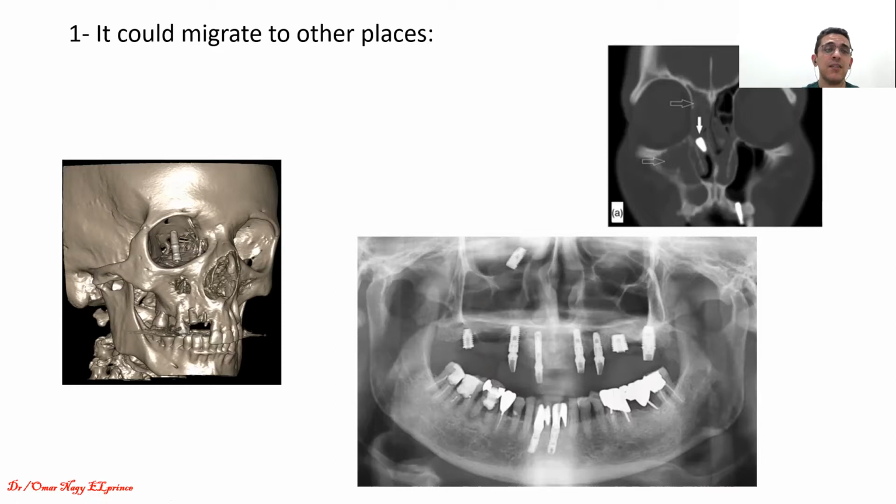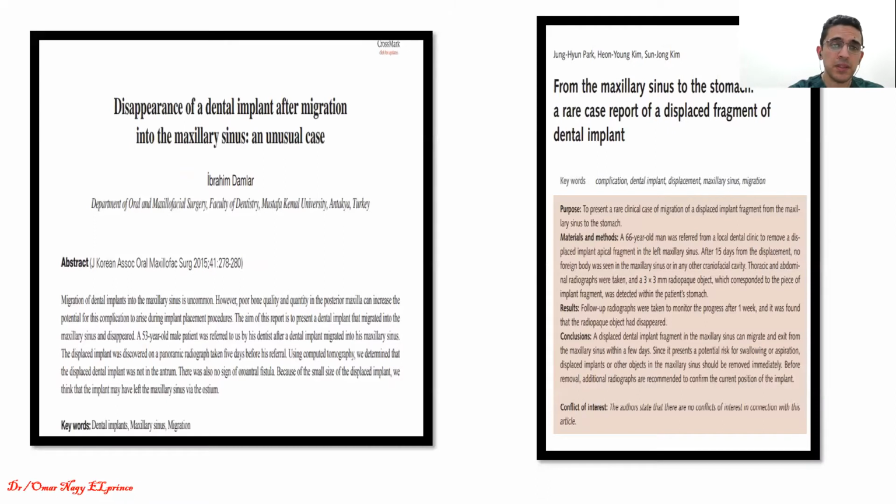Many literatures have attributed this to ciliary movements of the Schneiderian membrane itself. Some people attribute this to the negative pressure between the nose and the maxillary sinus, but the most documented is that this is the first place that you might find your implant.